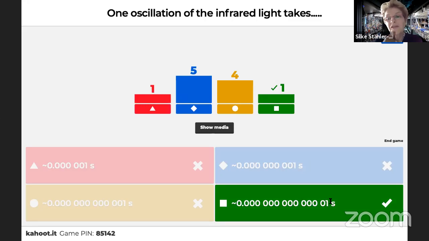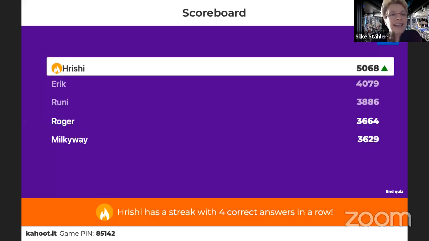It's about 10 femtoseconds. So the green button would have been right. The other ones were far too long. I'm sorry to tell you that. So let's continue with the ranking. Rishi is first, then Eric and Rooney.